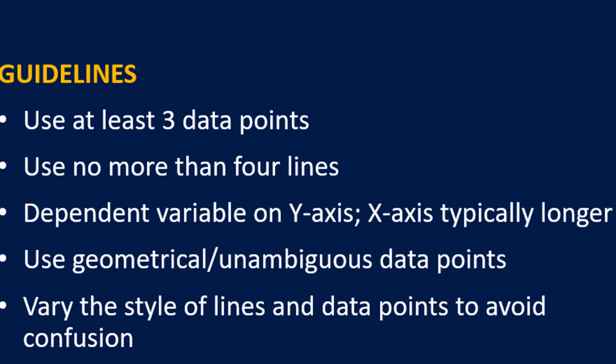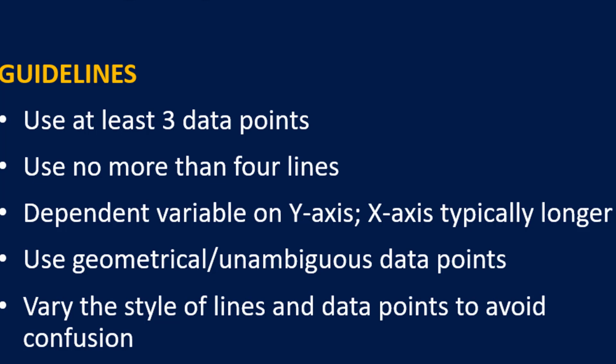Dependent variable, as ever, is on the y-axis, and the x-axis is typically always longer than your y-axis in terms of the format of the graph. Again, as we referred to in the formatting video, geometric shapes, unambiguous data points.